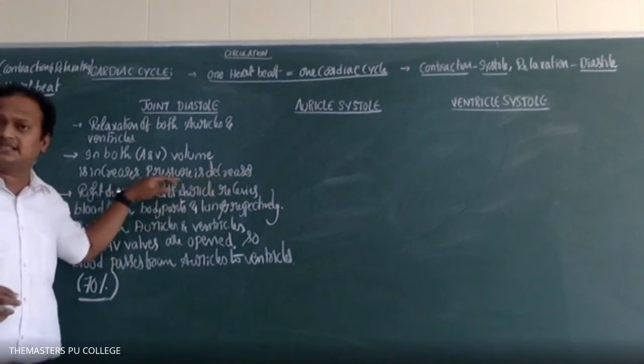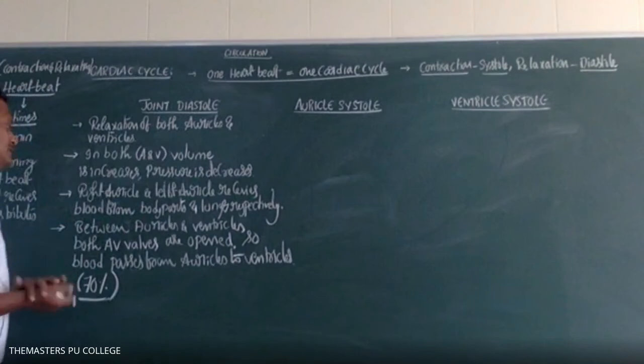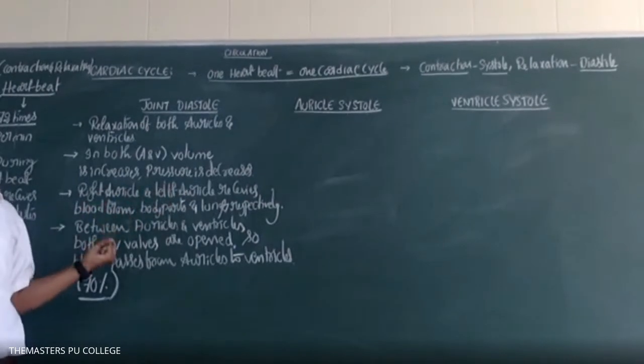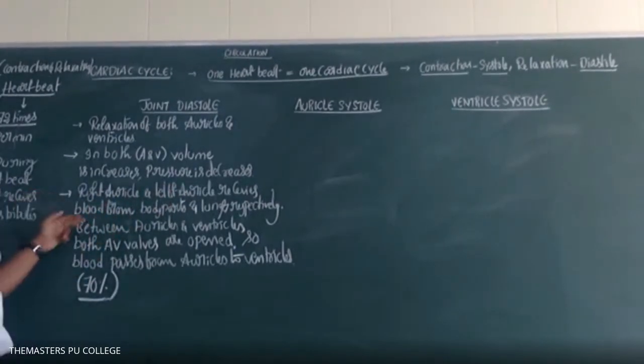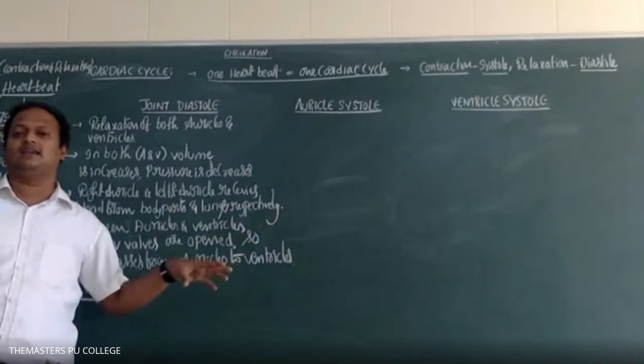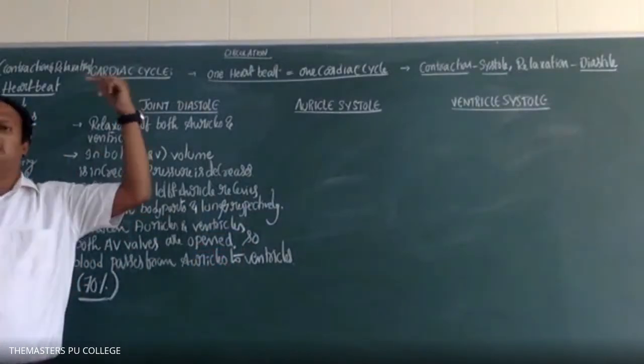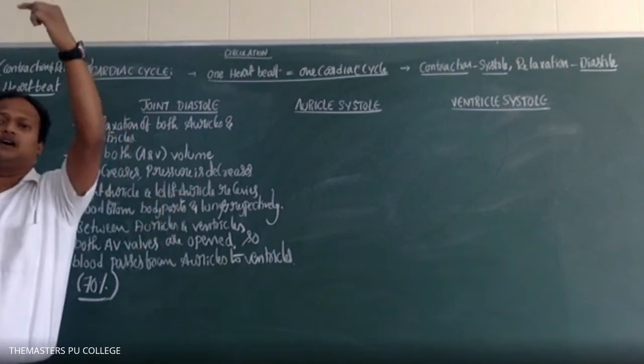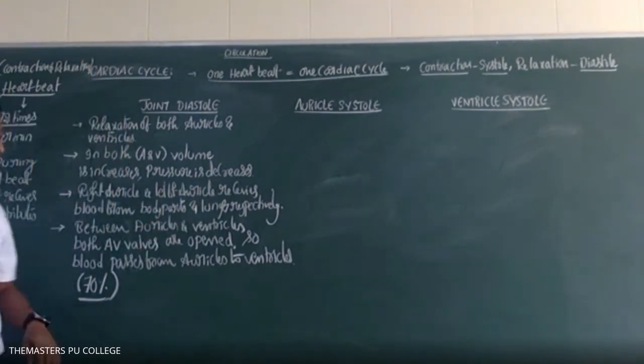So what decreases, students? Pressure decreases. The right auricle and left auricle receive blood from the body parts and lungs respectively. The right auricle receives deoxygenated blood from the body parts, the left auricle receives oxygenated blood from lungs.